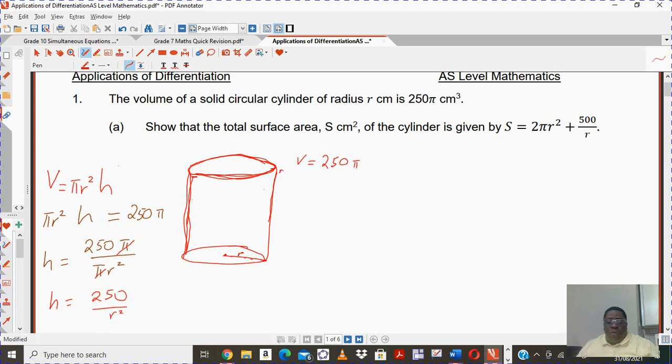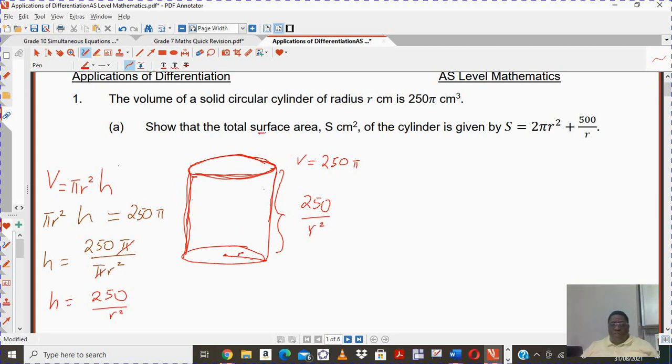So now we know what that is in terms of our r. We are not really interested in that, we just had to use the volume formula in order to find the height, rearranging the subject of the formula.